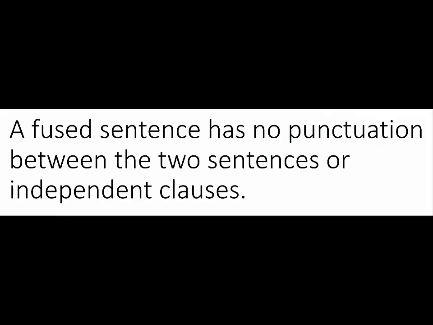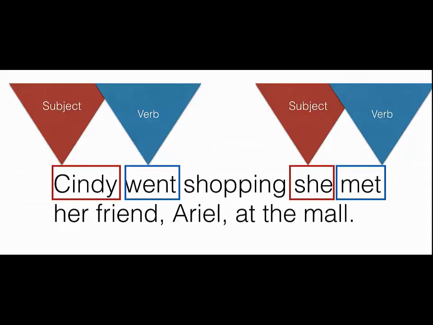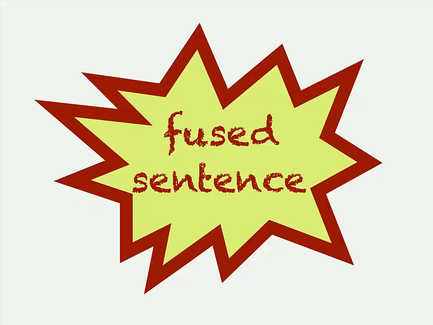To refresh your memory, a fused sentence has no punctuation between the two sentences or independent clauses. So we found the subject and we found a verb, but we kept looking and found another subject and another verb before the period. That makes a fused sentence.